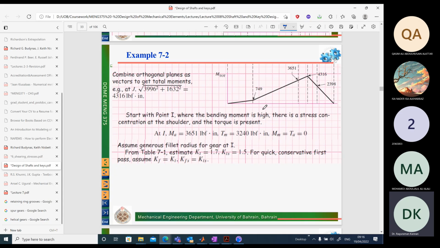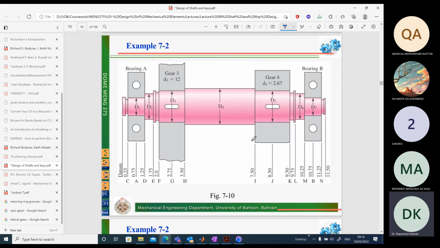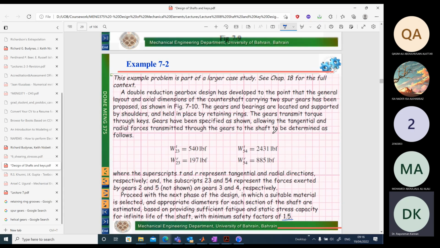So let's identify one point first in the span of the shaft. There is a shoulder right at point I. If I choose this point I right here, I can try to determine the diameter d5 by considering the stress concentration effect over here. Initially we do not have any values, so what do I do?